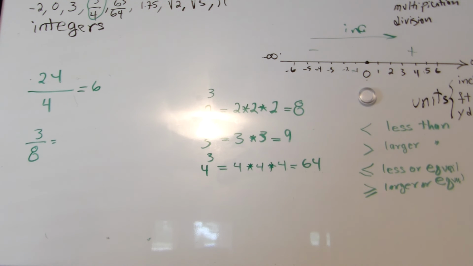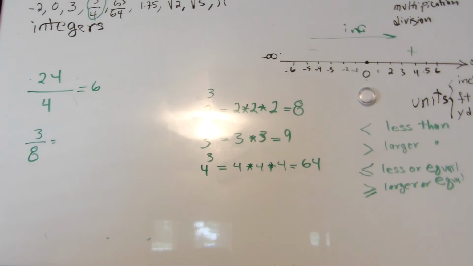This is the fraction I'm trying to get into in the next subject. Let me tell you about how to simplify a fraction. It's very important that we know how to simplify.